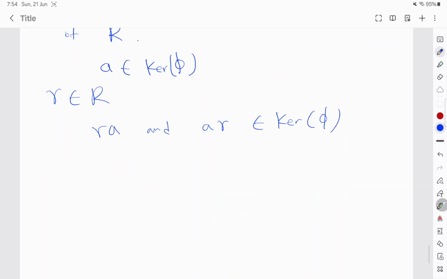What is the definition of ker phi? You have already noted it down. Basically, if you apply phi to that element, you get the zero element.